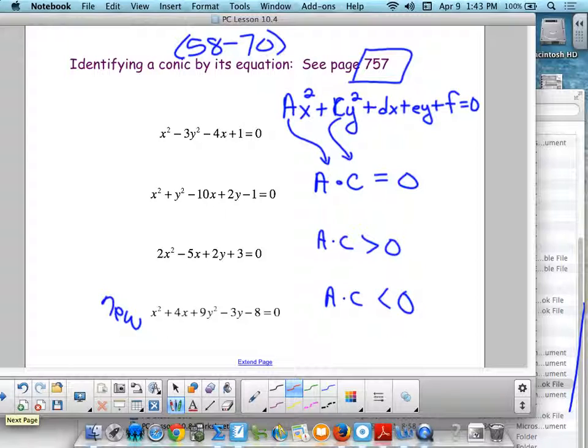It is a parabola, yes. How about a times c being a positive number? Starts with an E. That is an ellipse. If you get a negative number, not many left. Hyperbola. That one's the hyperbola.